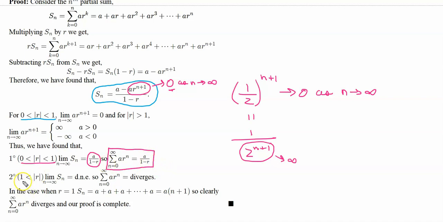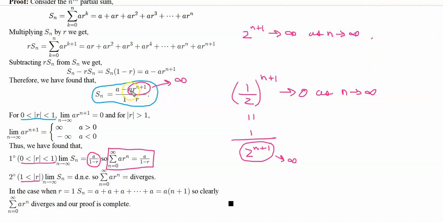On the other hand, if r is bigger than 1 in absolute value, well, in that case, these terms here actually go to infinity, right? For example, if r is 2, say, well, certainly 2 to the n plus 1 is going to infinity as n goes to infinity.